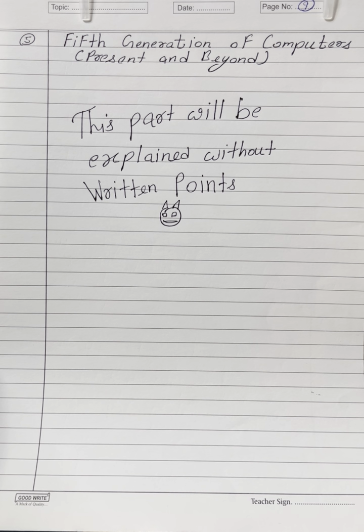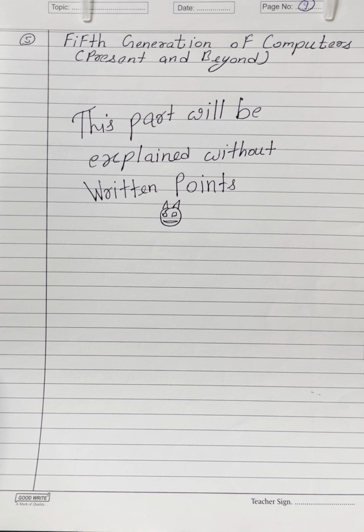This artificial intelligence enables the computers to imitate human intelligence by learning from experience, recognizing patterns, understanding natural language, solving complex problems, and making decisions. The goal of this generation is to create intelligent systems that can interact with humans naturally and can perform tasks with minimal human involvement.